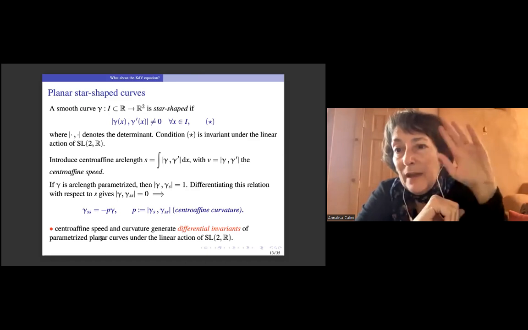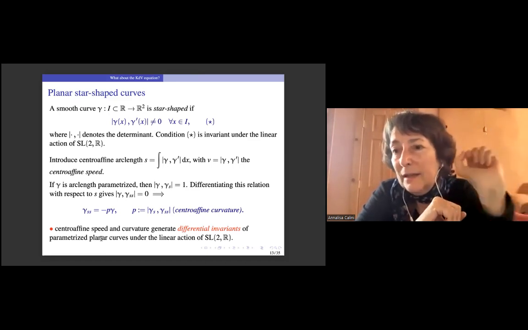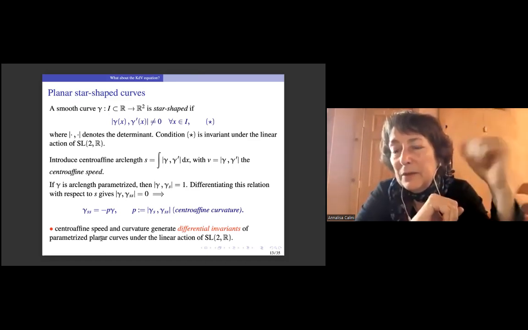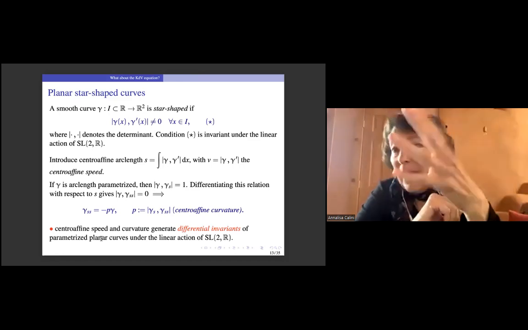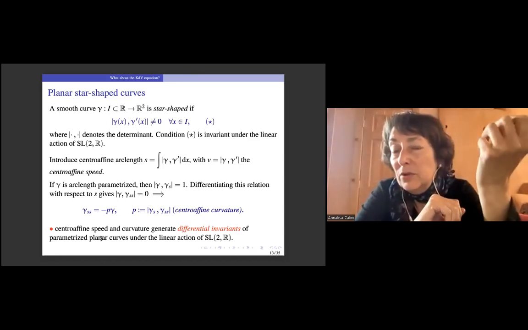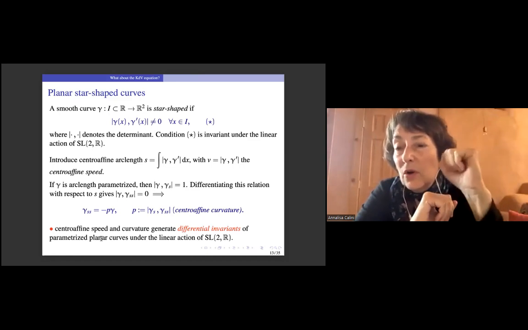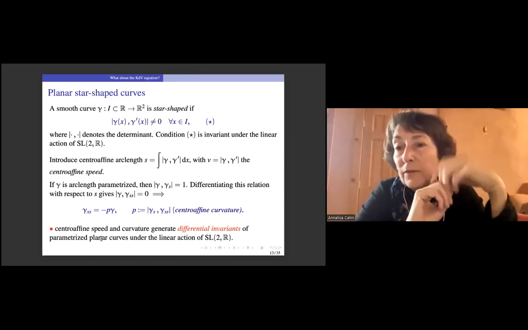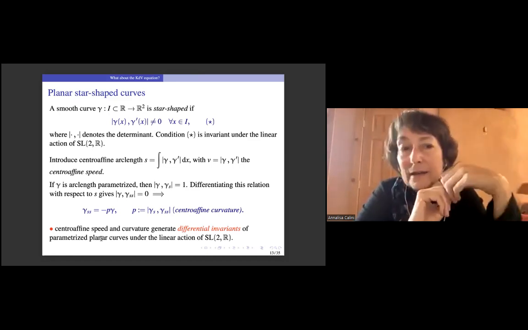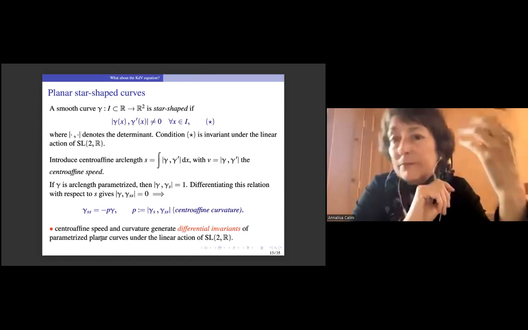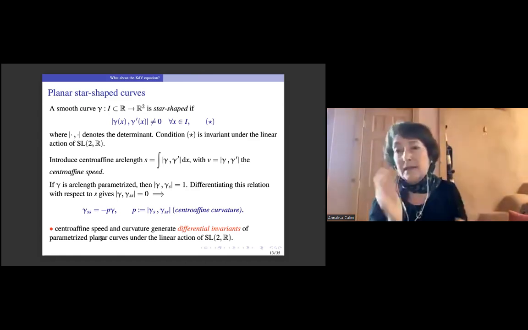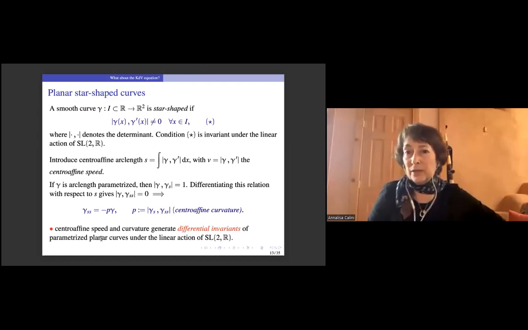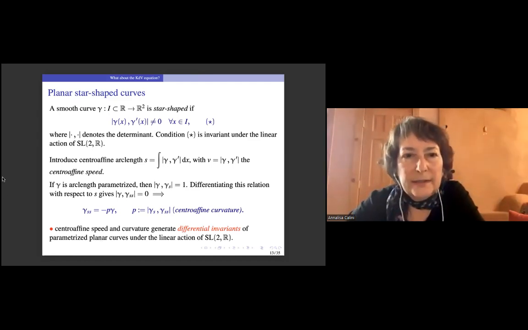So remember, we had evolution of curves in R3 subject to the Euclidean group. And now we have evolutions of curves in R2, but now this is going to be a curve evolution which is invariant under projective transformations, in this case, linear fractional transformations. So, a little bit of a definition of the setting.